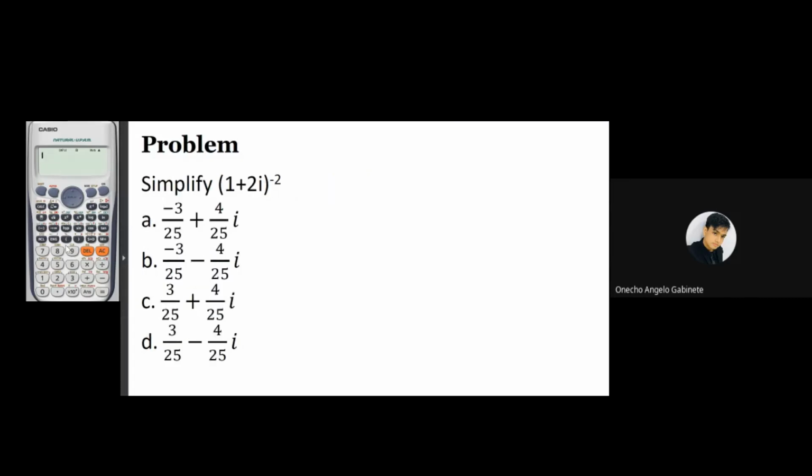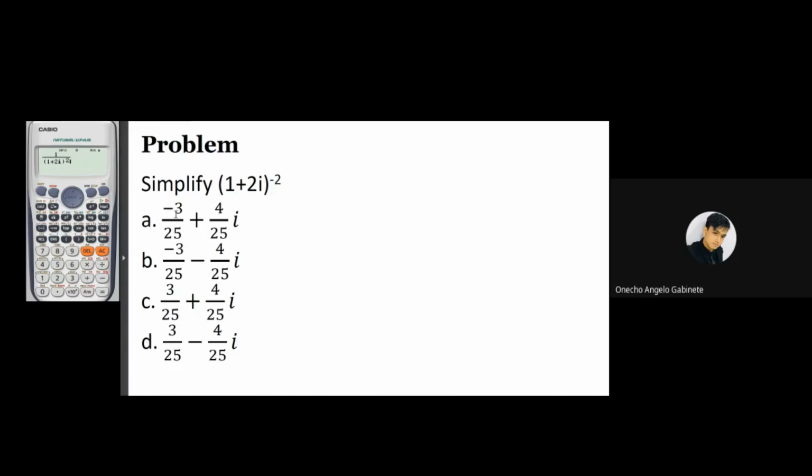Next, simplify 1 plus 2i raised to negative 2. What answer did you get? Sir, math error. Okay, I can bring it down as 1 plus 2i squared.